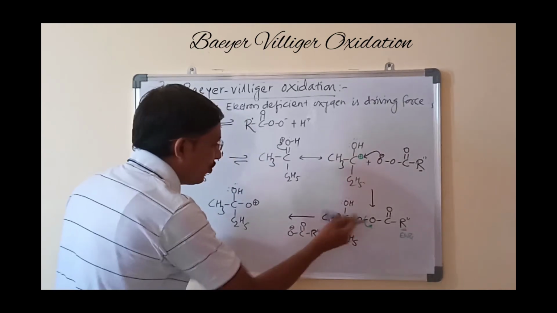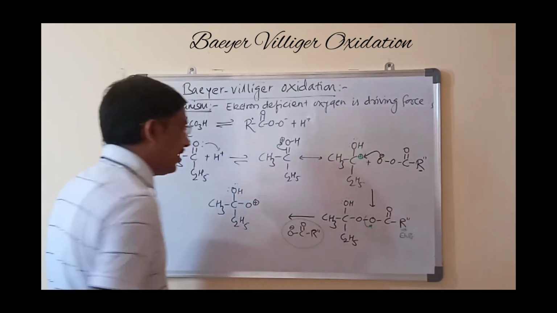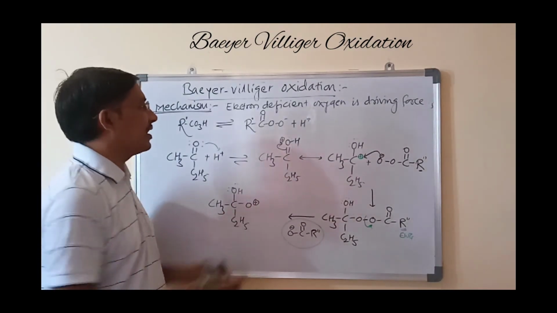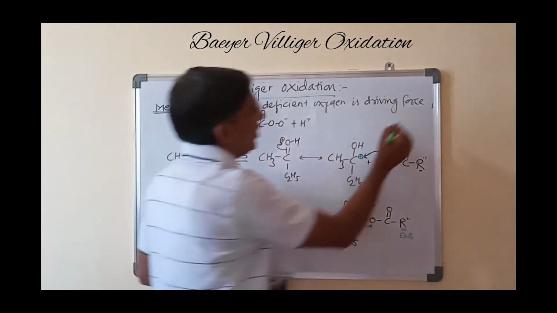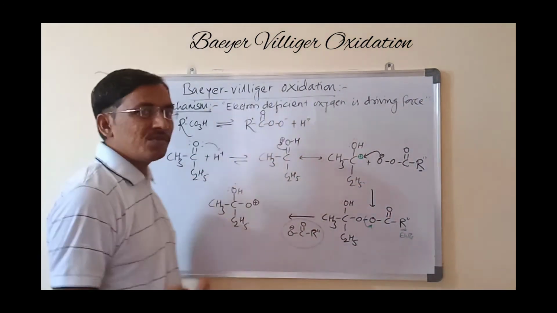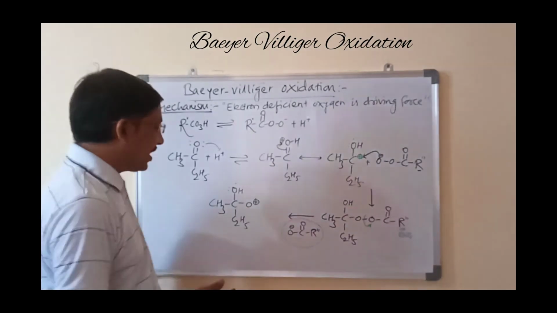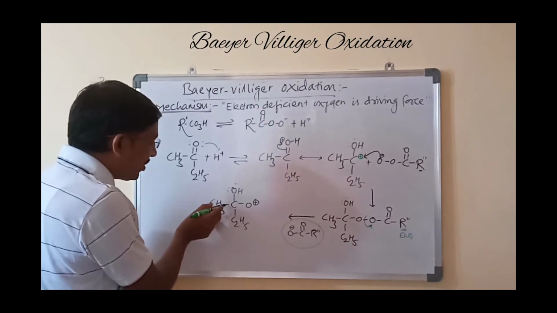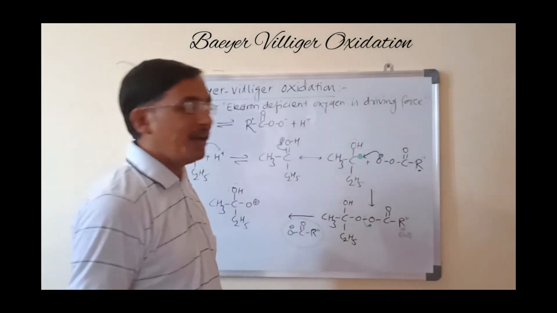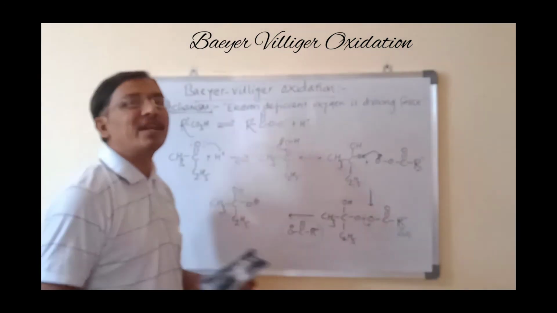This species is removed, that is loss of this ion, and we will get this one. Once we get the electron deficient oxygen, as I said, the driving force for this reaction is the electron deficient oxygen.